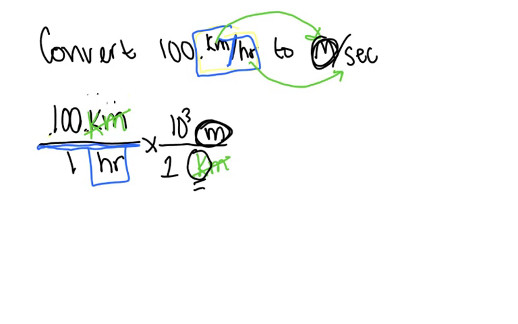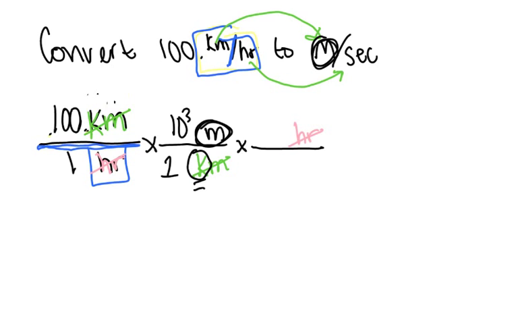Now we need to convert the hours. So the hours start out on the bottom of the fraction. So in another fraction over here, to get hours to cancel, you simply move them to the top instead. Because if they're on the bottom of one fraction and the top of another fraction, they cancel.